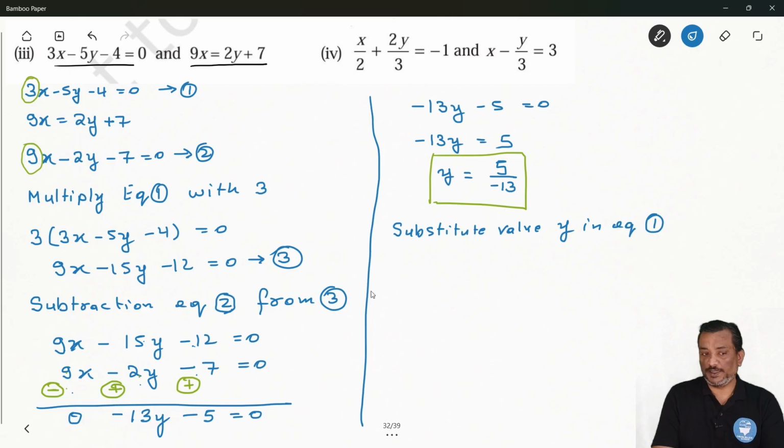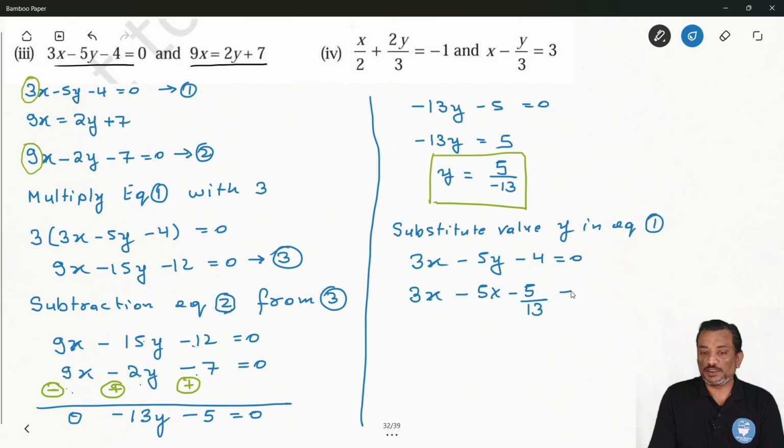Our equation 1 is 3x minus 5y minus 4 is equal to 0. It is simple. So now substitute the value of y in it: 3x minus 5 times minus 5 over 13.